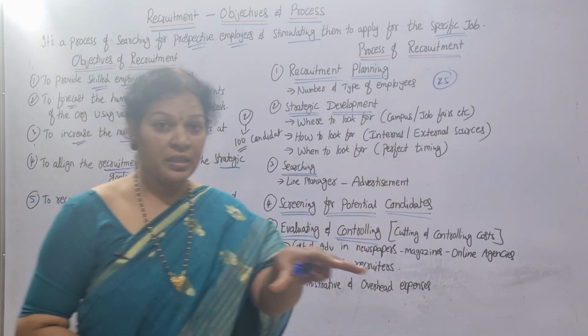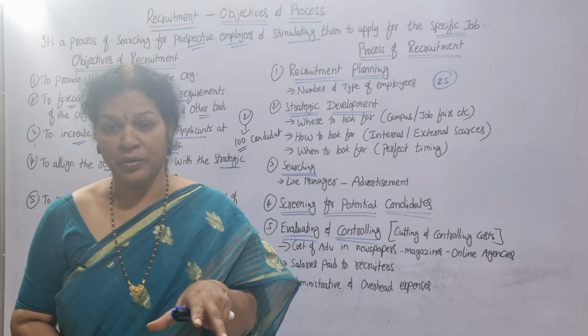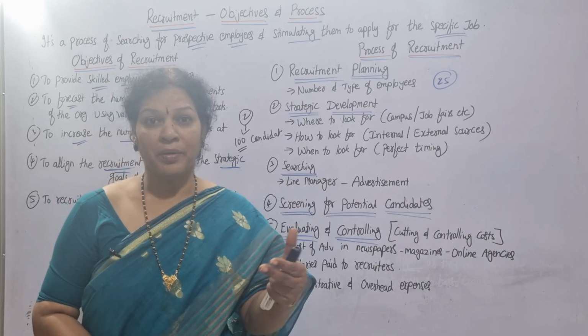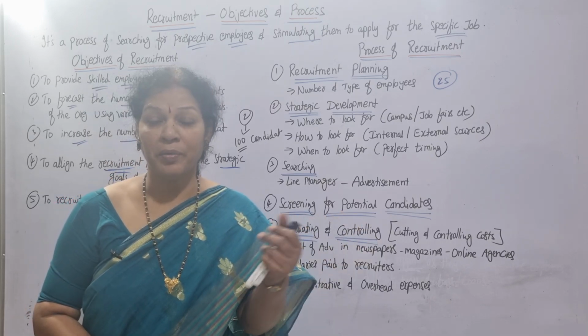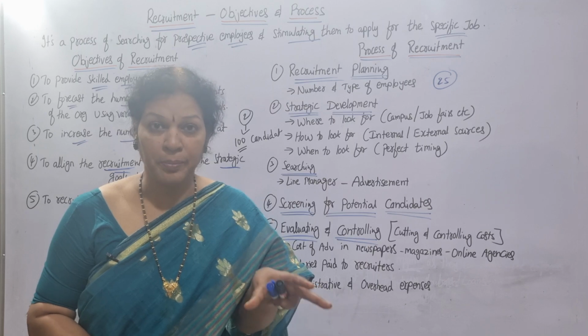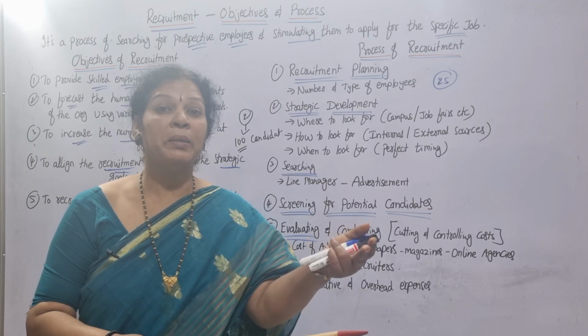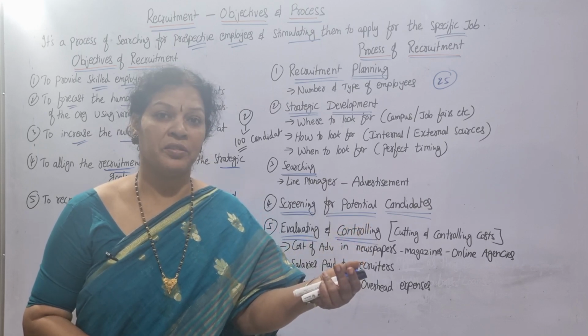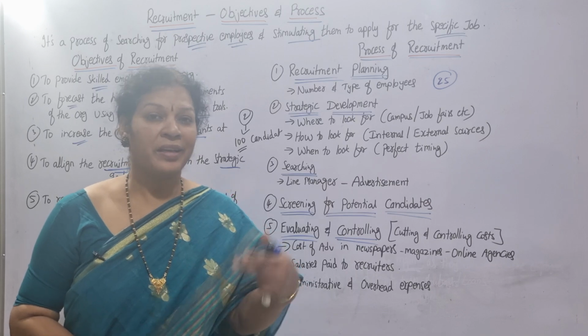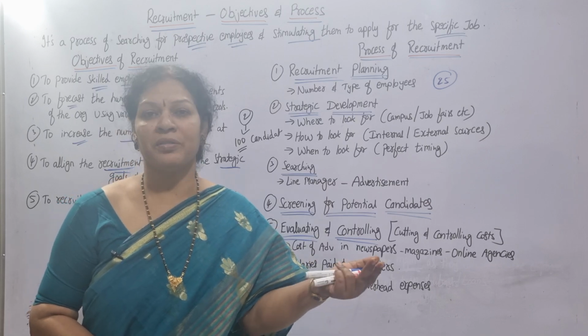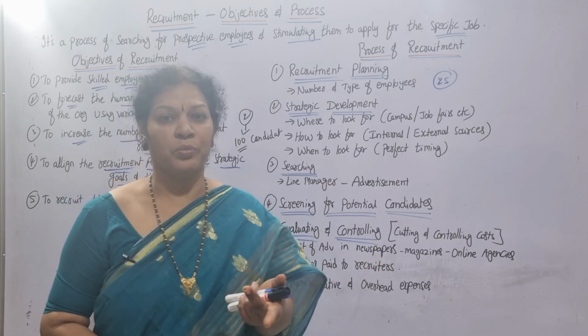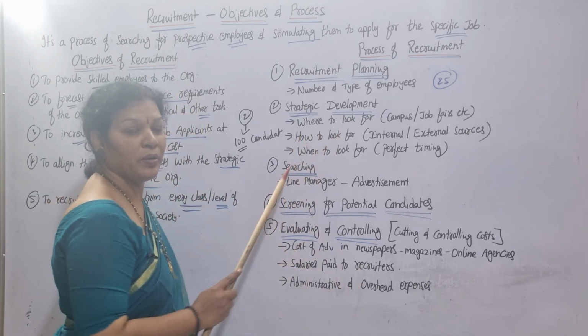Internal sources means inside of your organization, some present employees, existing employees, may be introducing other employees. That is internal sources. External sources, you have to focus on other areas. So that's how to look for.